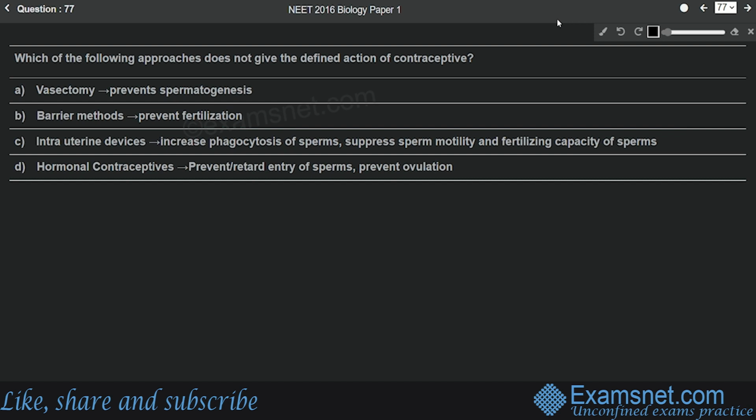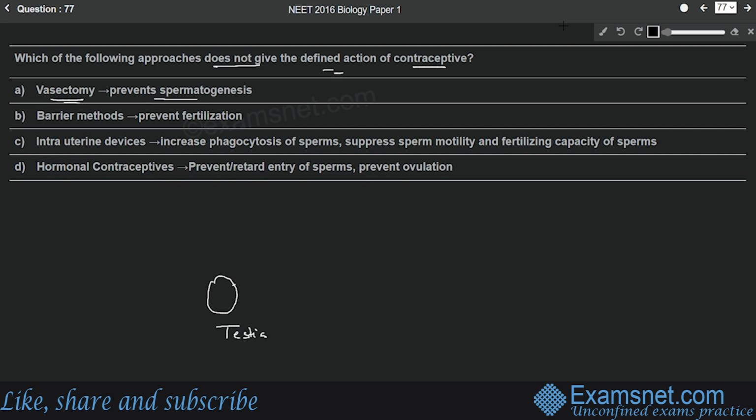Question number 77 is from the chapter Reproductive Health, and the question is: which of the following approaches does not give the defined action of contraceptive? So the first one is vasectomy prevents spermatogenesis. So what is vasectomy? Suppose this is the testis.